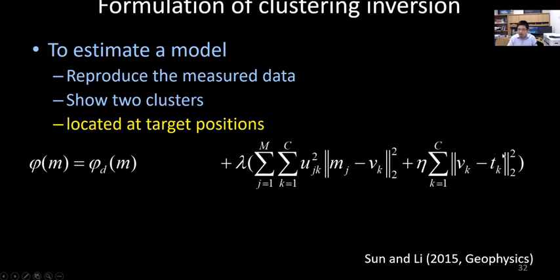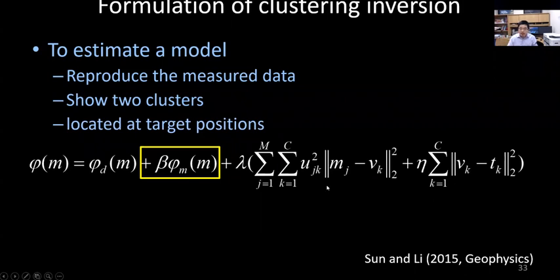The target positions are symbolically represented by T_k. We also need the regularization term to stabilize the inverse problem. Therefore, we end up with four terms in this objective function for cluster inversion.